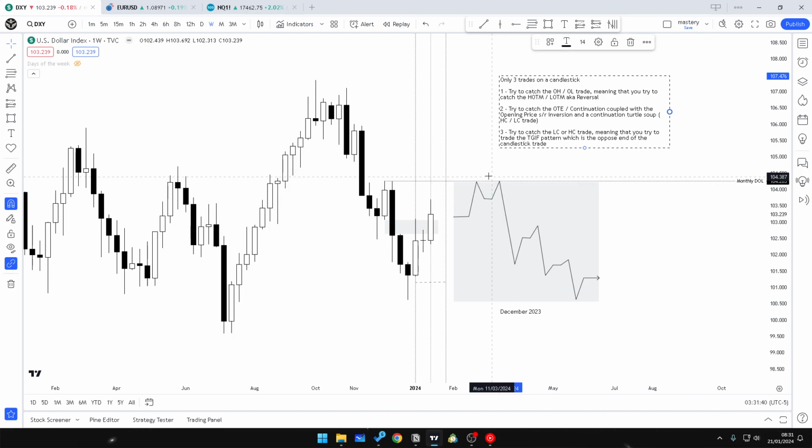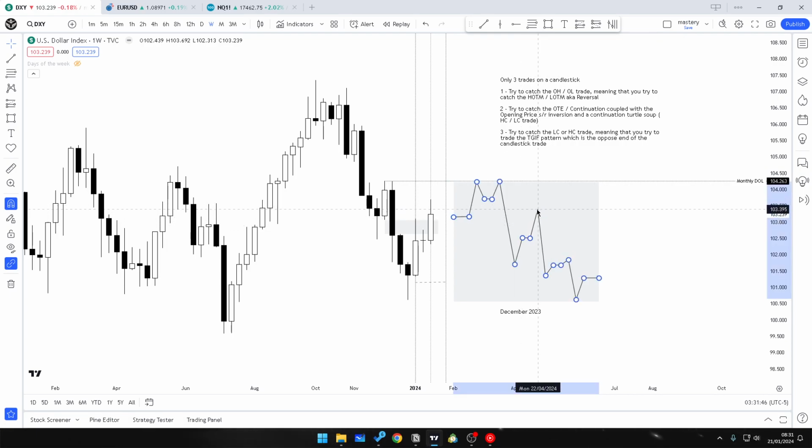So this will be trade 1, this will be trade 2, this will need to be a better OTE, but let's make it enough in some sense.